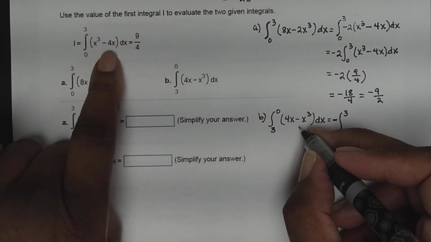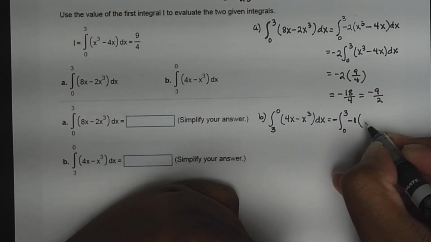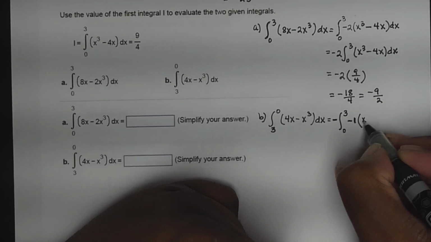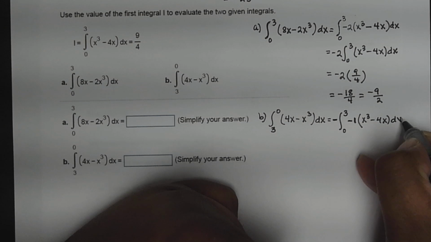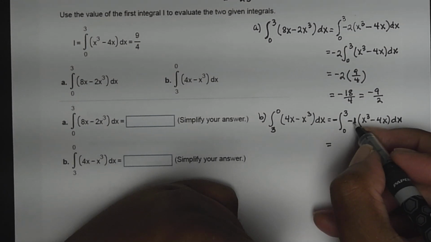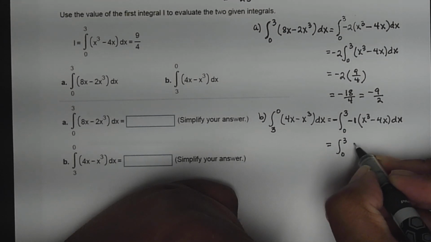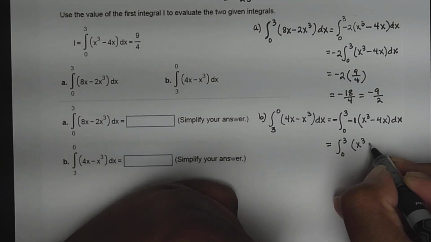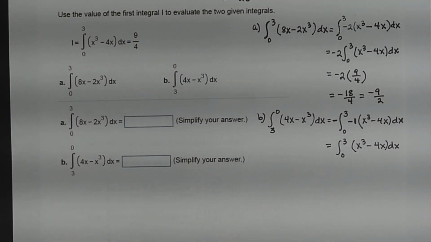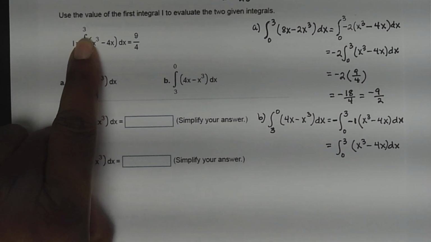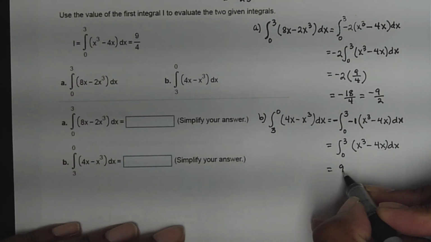So if I want this to be like this, I need to factor out a negative 1. So it'd be negative 1 times x cubed minus 4x dx. And then if I pull out the negative, negative times that negative will be positive. So it'll be the integral from 0 to 3 of x cubed minus 4x dx. And of course, that's exactly going to be 9/4.